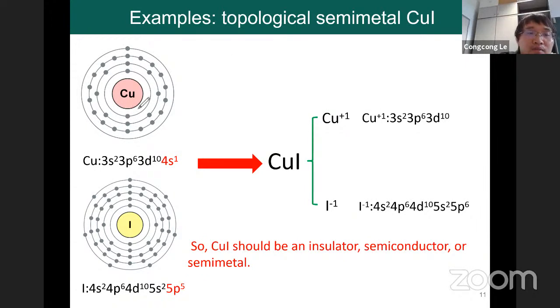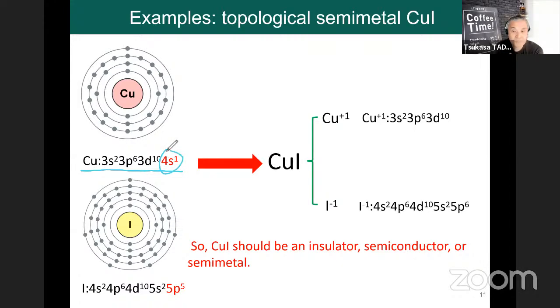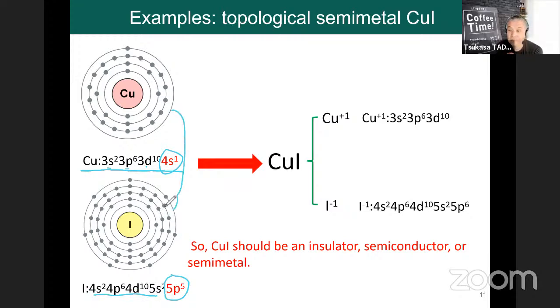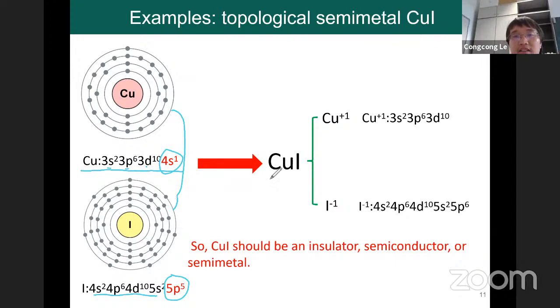We can see the copper electron configuration like this: only the s orbital is not fulfilled, the other s, p, d orbitals are fulfilled. And in the iodine electron configuration, only the p orbital is not fulfilled, the other orbitals are all filled. Then these two elements form the material copper iodide.